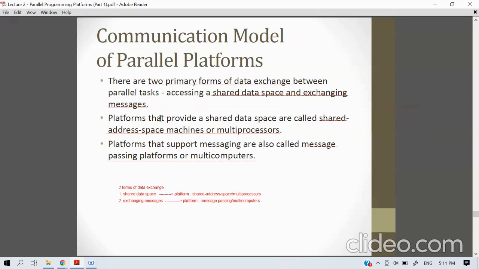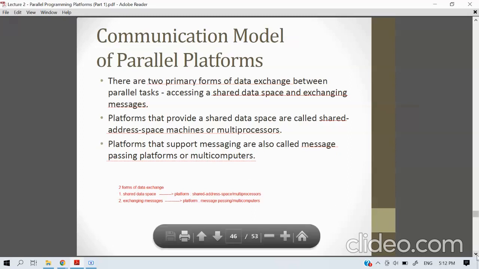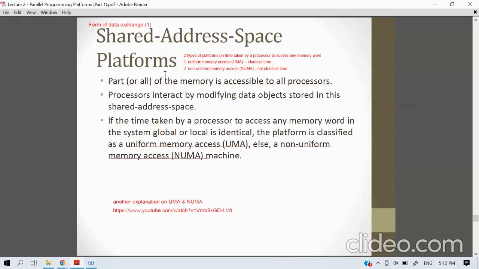Platforms that provide a shared data space are called shared address space machines or multiprocessors. Multiprocessors does not mean multicomputers. However, platforms that support messaging are called message passing platforms or multicomputers. So the first one is the shared address space platform.